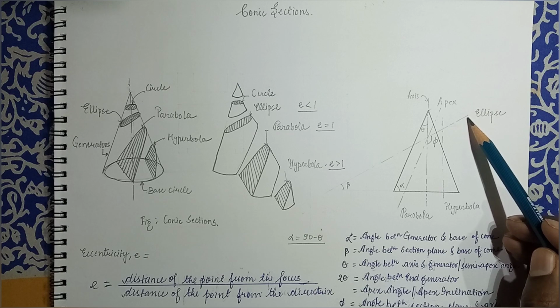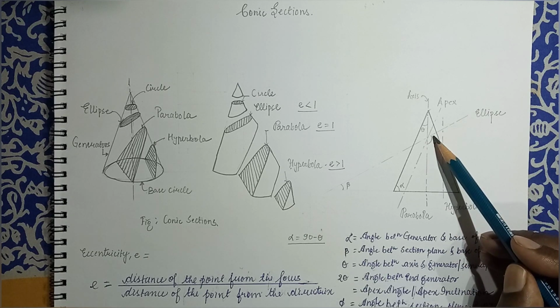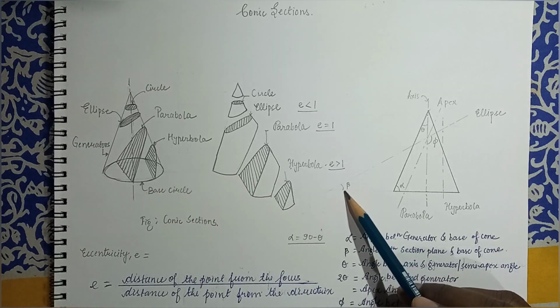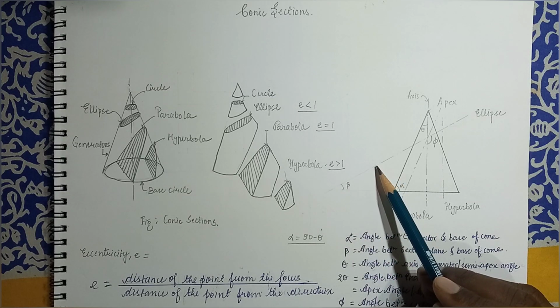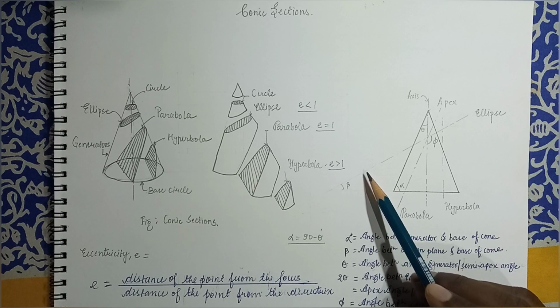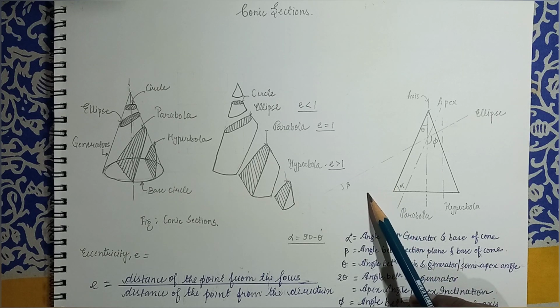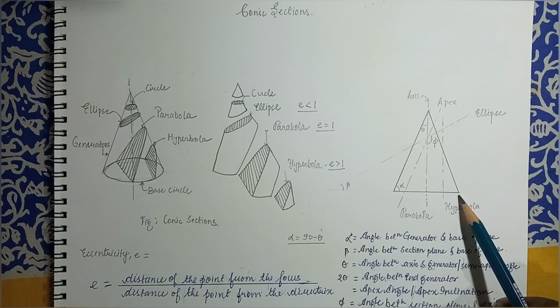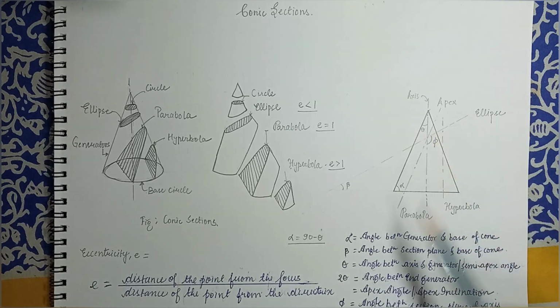Here, when the section plane is inclined to the axis, this inclination we can call beta. This inclination is between the section plane and the base of the cone. Then you have alpha. Alpha is the angle between the generator and the base of the cone. Then we have theta. Theta is the angle between the axis and the generator. It is also called the semi-axis angle.